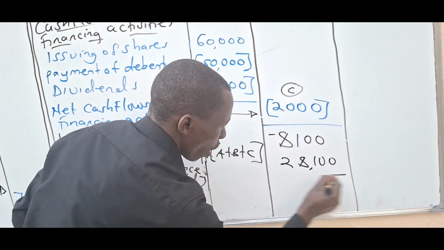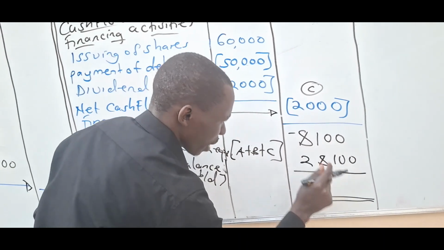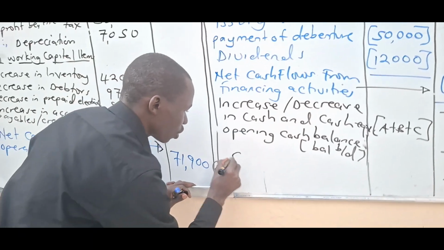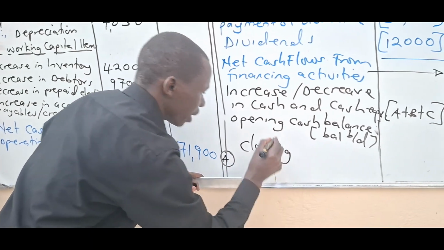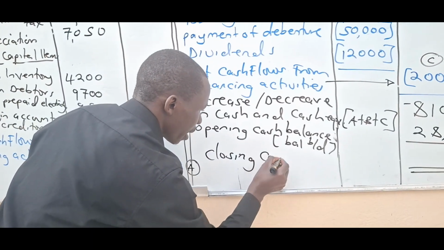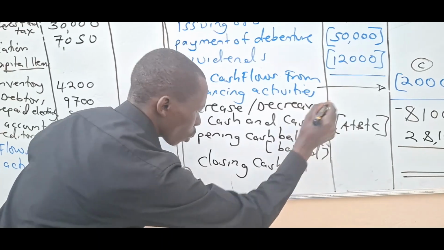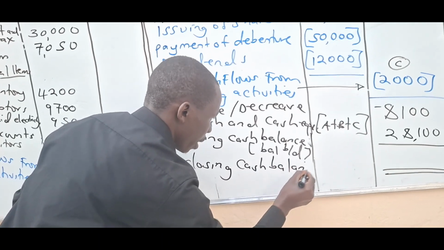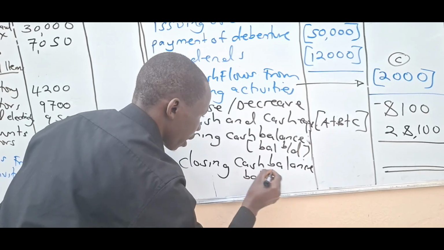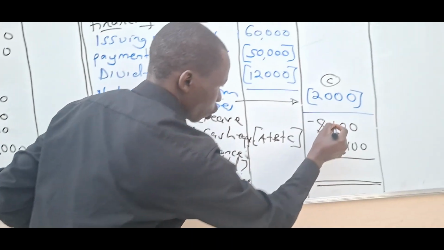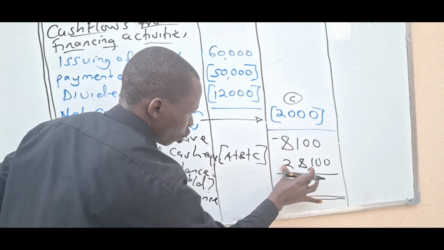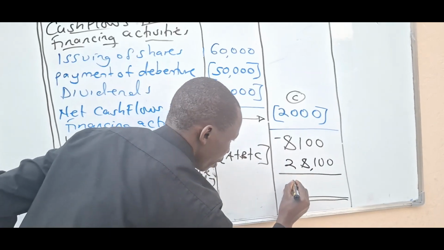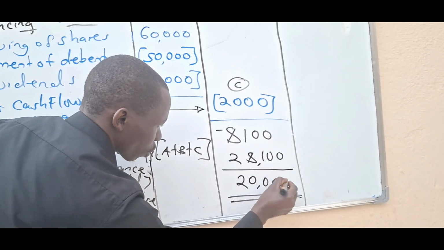When you add this plus this, automatically you must get the closing balance, which you have in your balance sheet, or what we would call balance carried down. This is negative, this is positive. The remaining will be 20,000.